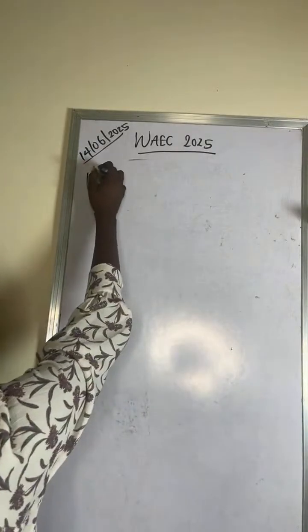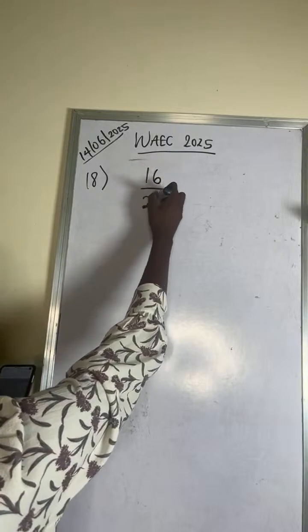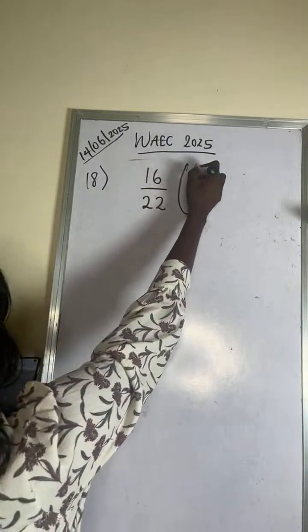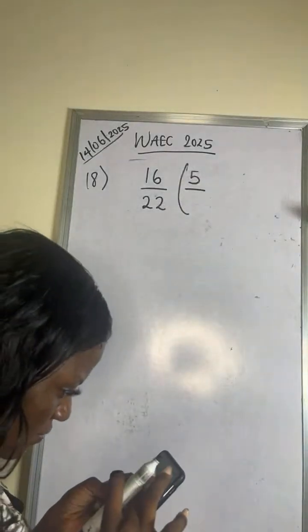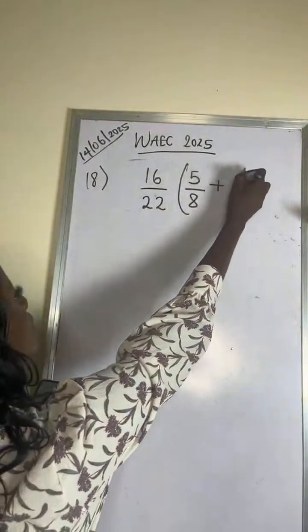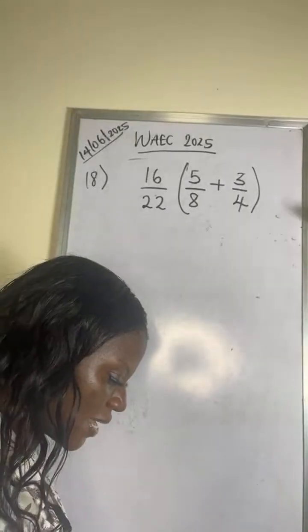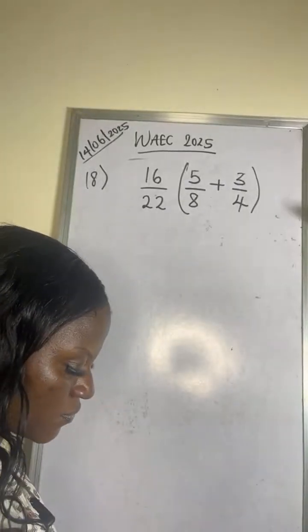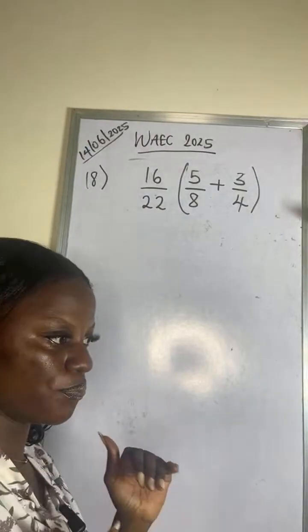Okay, so we have: simplify 16 over 22, all in brackets, 5 over 8 plus 3 divided by 4. So from the second live that we got cut out of, you see there that I spoke about the different kinds of ways to solve an operation, right?